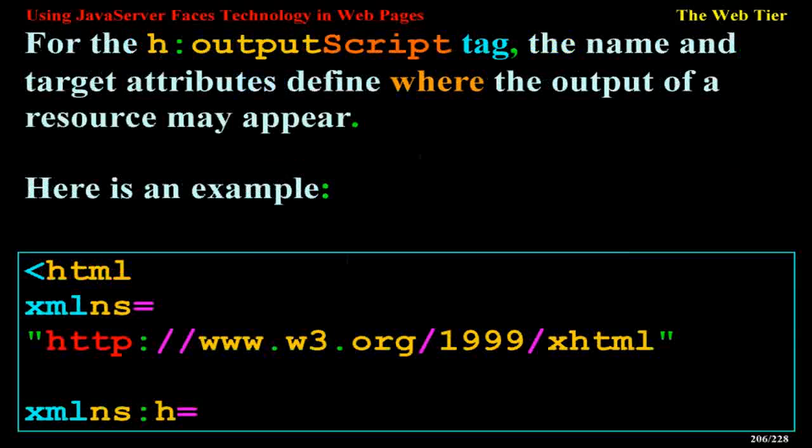For the h:outputScript tag, the name and target attributes define where the output of a resource may appear.